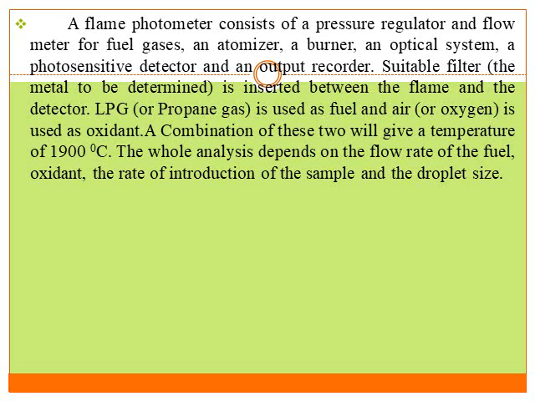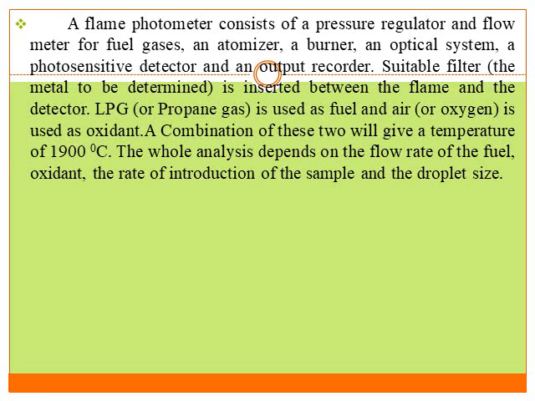It also has an optical system, lens and filter to collect the intensity, a photosensitive detector, and an output recorder. A suitable filter is used depending upon the element to be detected. For sodium, a 589 filter is used, inserted between the flame and the detector.